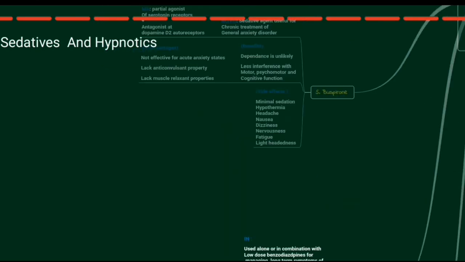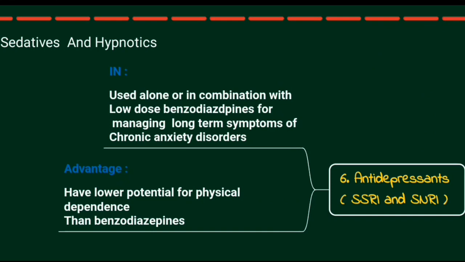So, antidepressants like the selective serotonin reuptake inhibitors and the serotonin norepinephrine reuptake inhibitors. The indication of these drugs is that they are used alone or in combination with what? With a low dose of benzodiazepine for managing long-term symptoms of chronic anxiety disorders.